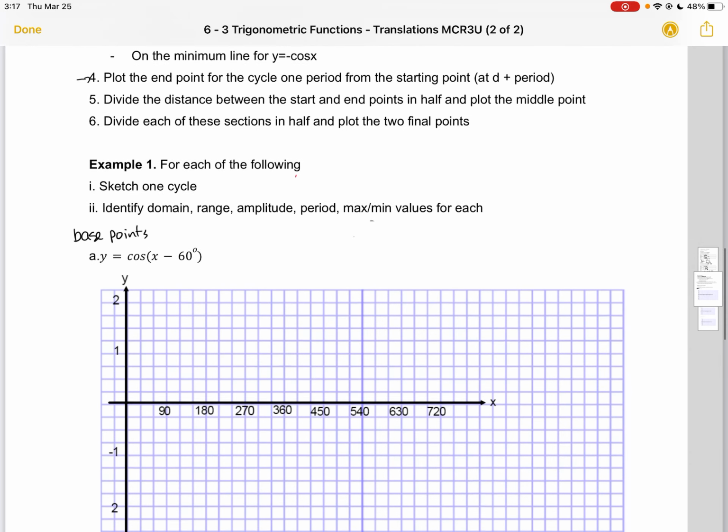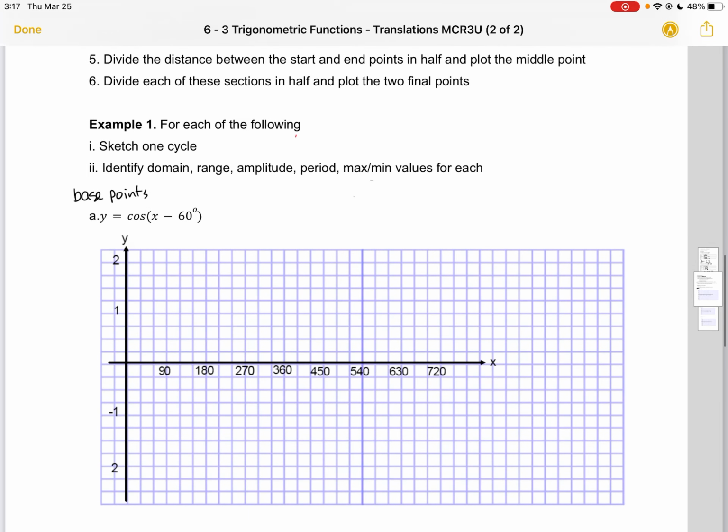Okay, so let's take a look at this example. Our base points for our parent function, which is cos x, I would have 0, 1, 90, 0, 180, minus 1, 270, 0, and then I've got 360 and 1.